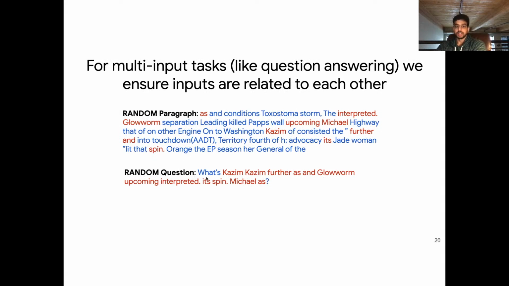There was another variant we tried where we added some sort of question-ish words to the random sequence. So we had this random question, "Kazim further as, and glowworm." We just added the word "what" and a question mark at the end. But these are also very easy heuristics for an attacker to add in if they know that they're trying to steal a QA model.